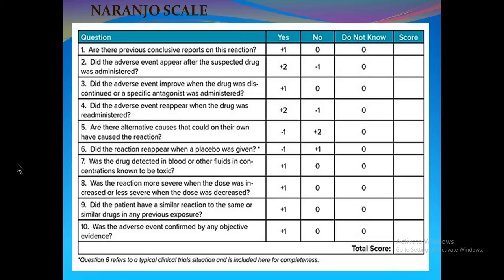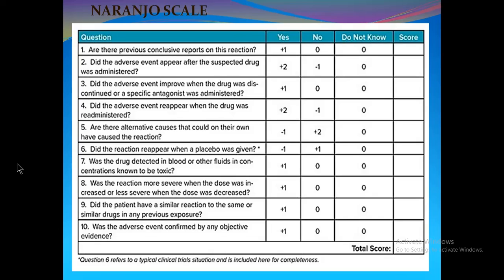Question number 9. Did the patient have a similar reaction to the same or similar drugs in any previous exposure? If the answer is yes, the score is plus 1. If answer is no, the score is 0. If answer is do not know, again the score is 0. Question number 10.